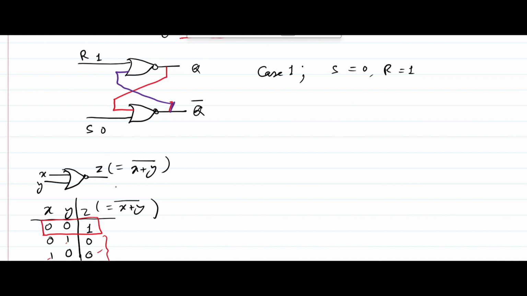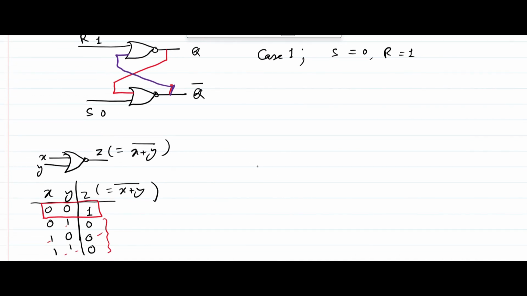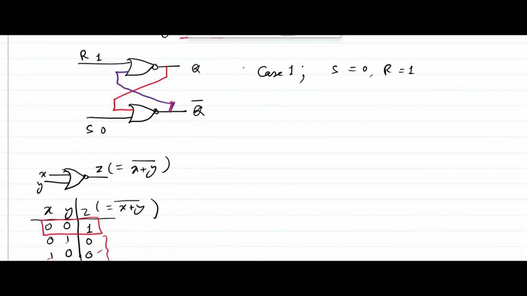Now if any of the inputs is 1, as you can see from the truth table of NOR gate, output is 0, that means here my Q will be 0. This Q is 0, so it comes here, and 0 0 will give output as 1 for Q bar. So what do we get? We get Q equals 0 and Q bar equals 1.